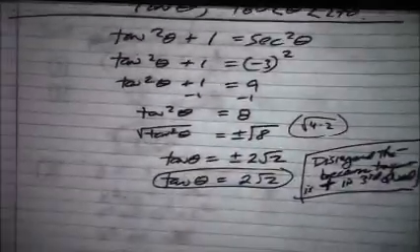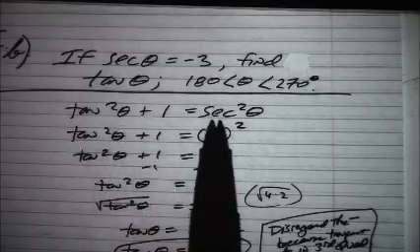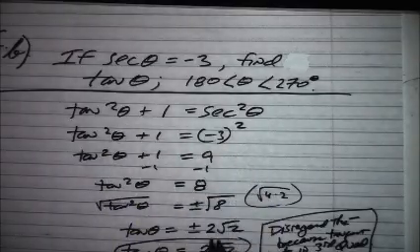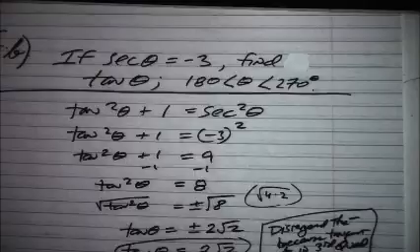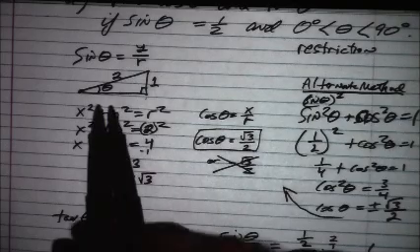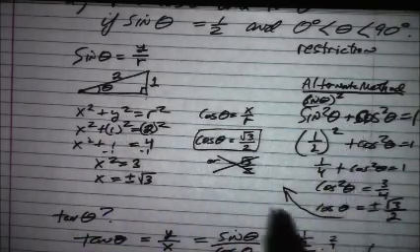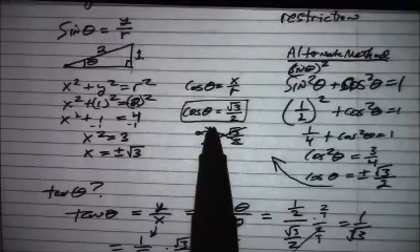In this problem, you're using a Pythagorean identity, okay? And then again using the restriction to determine what quadrant you're in. In this problem, you can either use the Pythagorean theorem or the Pythagorean identity to get to here.